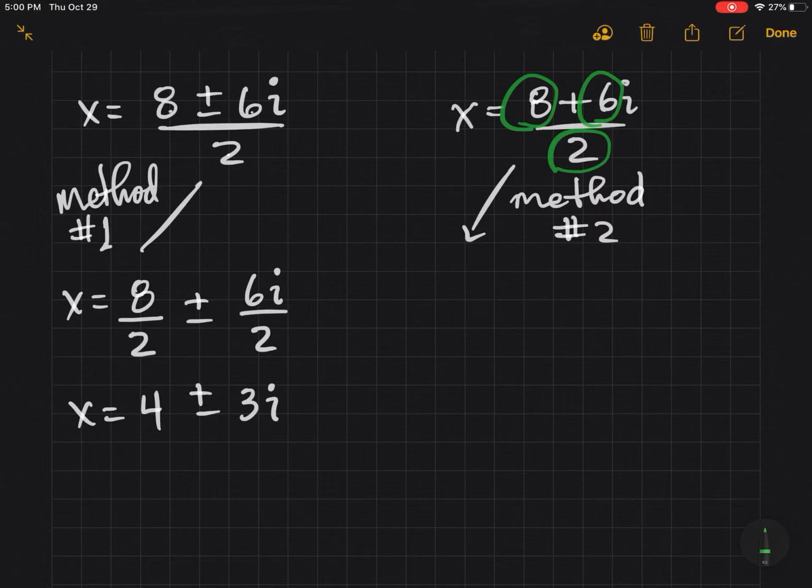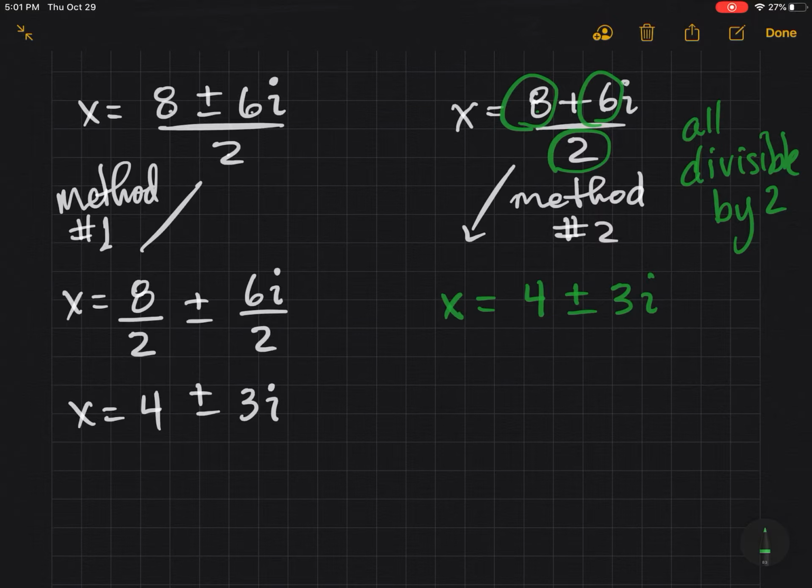And because they are all divisible by 2, we can simply divide them all by 2. And we get 4, because 8 divided by 2 is 4. 6 divided by 2 is 3. And 2 divided by 2 is 1. We don't need the 1. And you can see that it's the same solution. And normally, this is a lot faster.